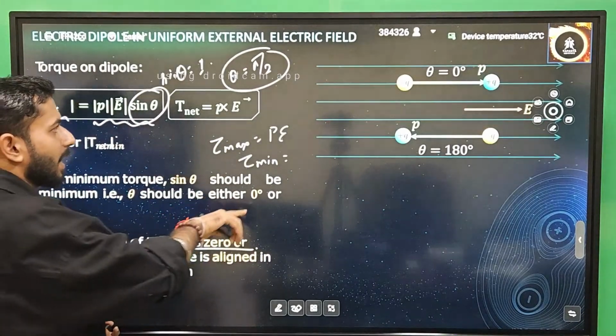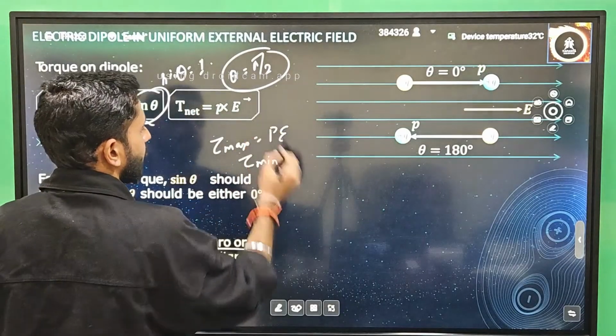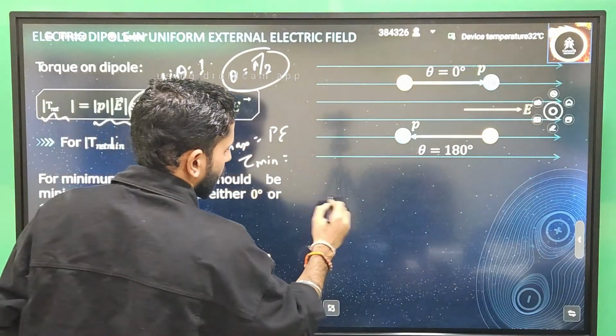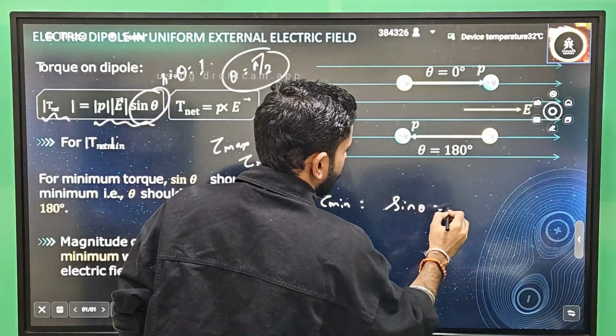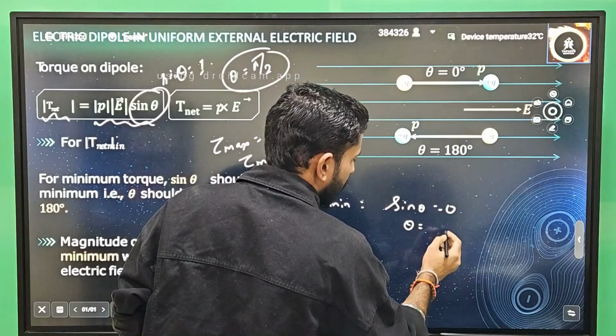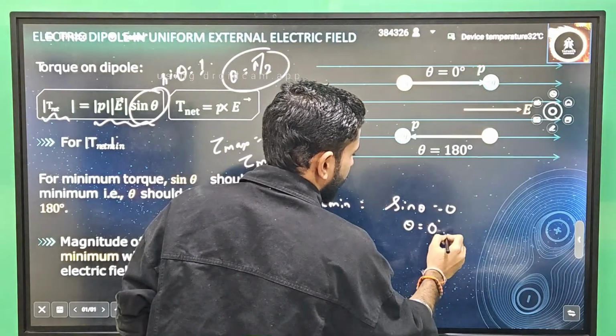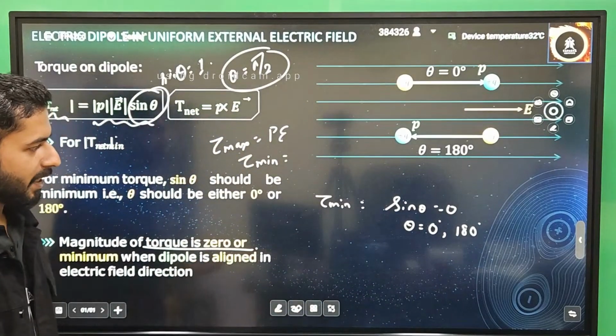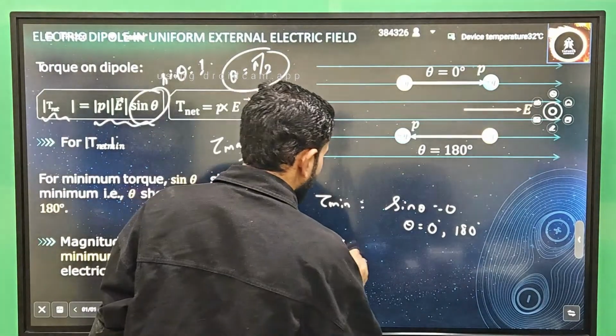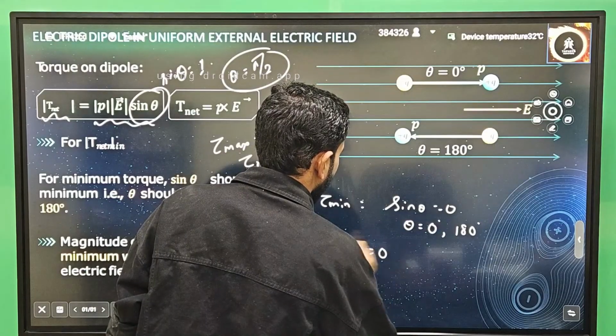So at what angle will it be 0? If I am writing the condition for minimum torque, sine theta has to be 0. That means theta should be equal to either 0 degree or 180 degree. That means 0, pi, 2 pi, these kinds of values, and minimum torque will be equal to 0.